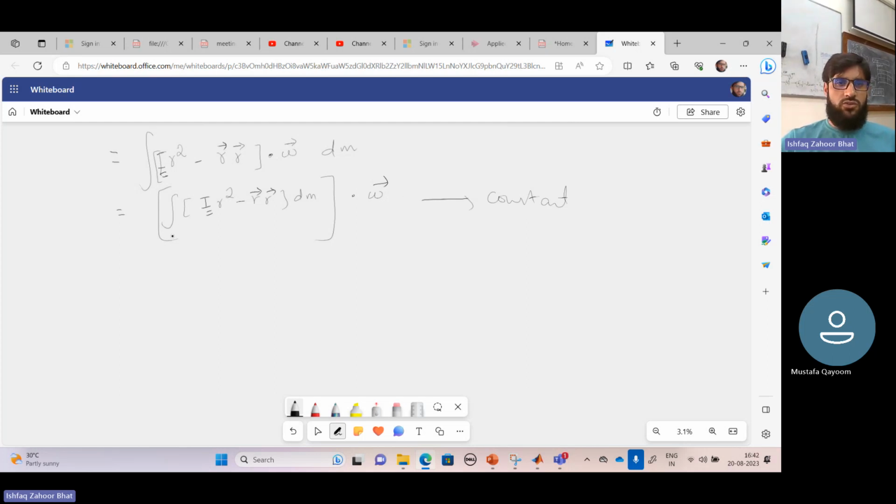This integration is over the body. Remember this thing. And this omega is constant over the body. So this is defined as the inertia tensor dot omega.